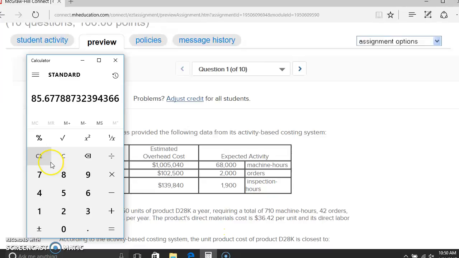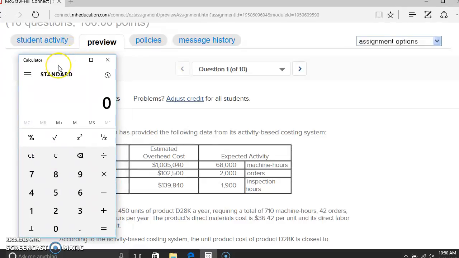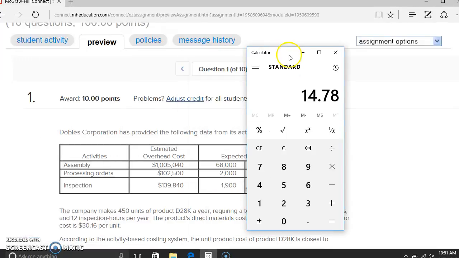When we do the math, each machine hour is going to cost $14.78 in overhead. Sorry, that is my annoying dog. Again, this is just the overhead, the stuff that's not easy to keep track of. So I'm going to write down $14.78 per machine hour for the assembly cost.